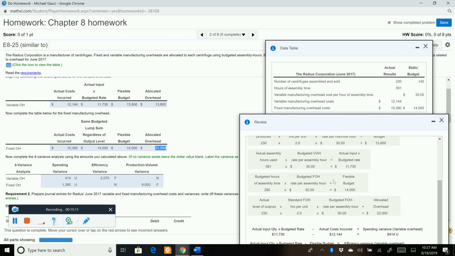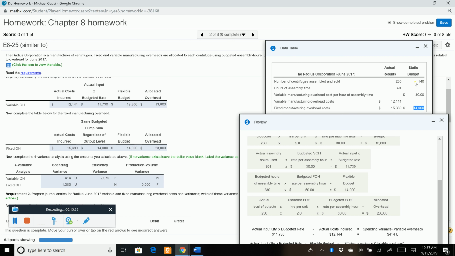And how are we going to do that? Well, we're going to take a look at the static, or the original planning budget. In the original planning budget, we were expected to have $14,000 of fixed overhead. And when we allocate our fixed overhead, we are going to allocate based on the number of units that we are producing over time.